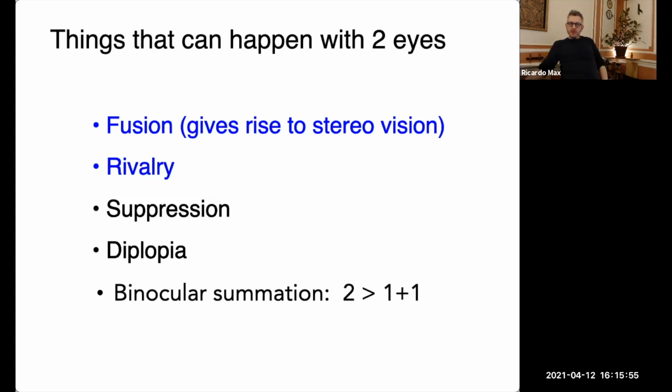And suppression occurs when the system cannot make sense, when the system cannot fuse, and it can happen in some situations. I'll explain in a minute. Binocular summation is when you have a threshold for light or for resolution, that with two eyes the threshold is lower than if you add the thresholds of both eyes.